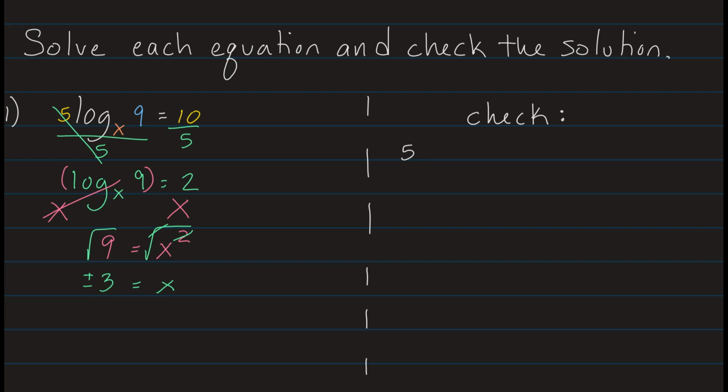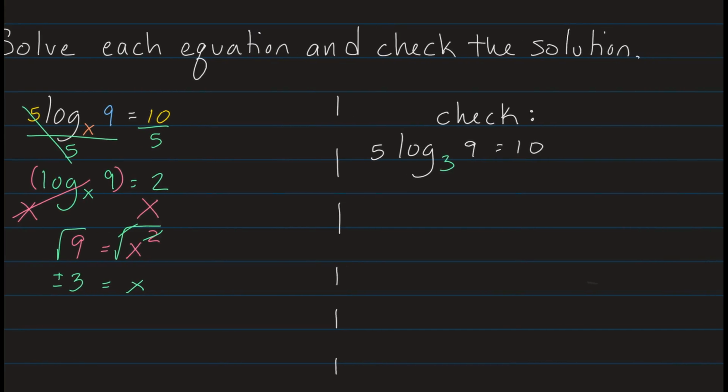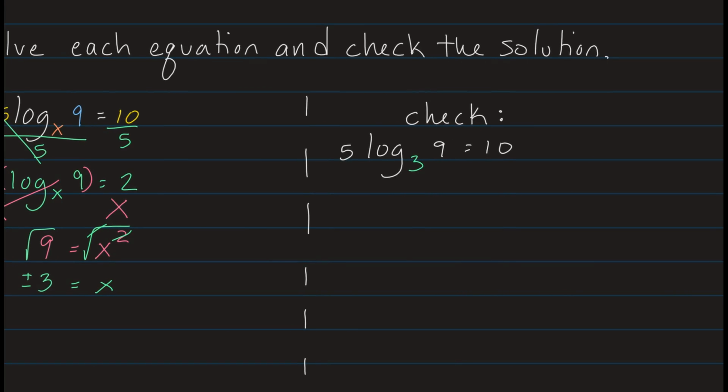We have 5 times log base, we're going to do positive 3 first, of 9 is equal to 10. And then we are also going to check 5 times log base negative 3 of 9 is equal to 10.